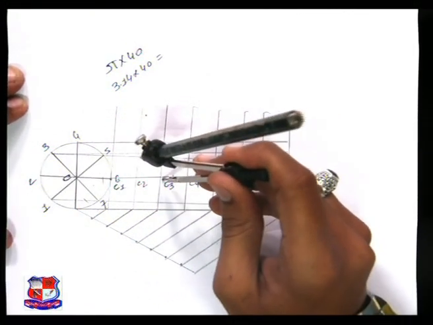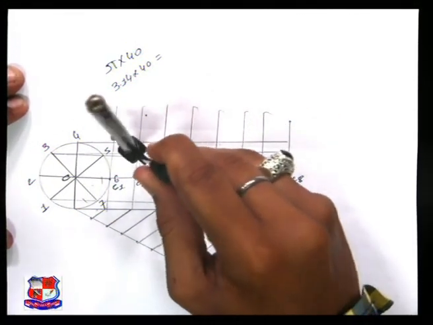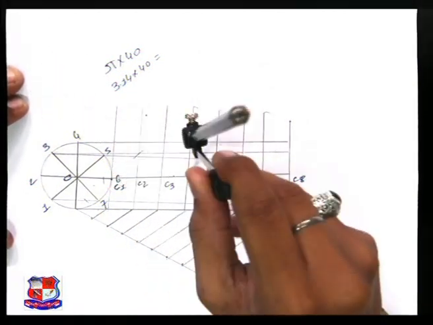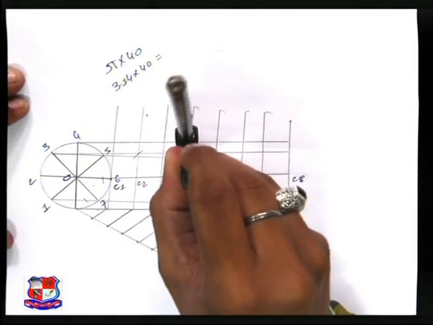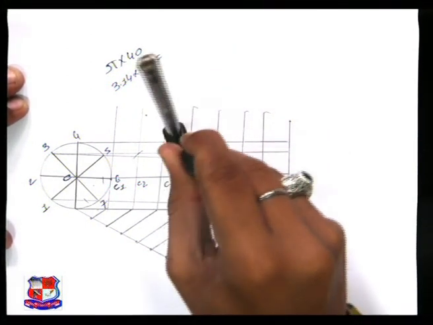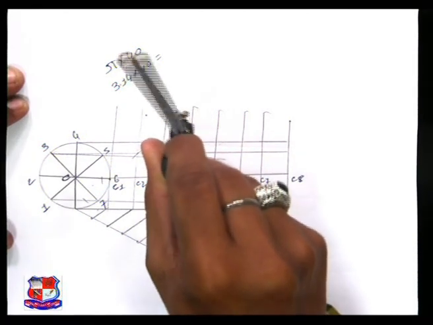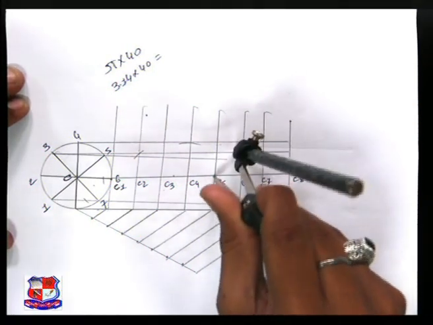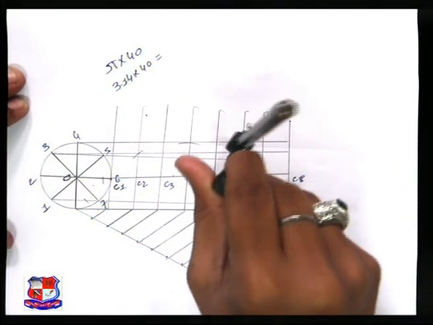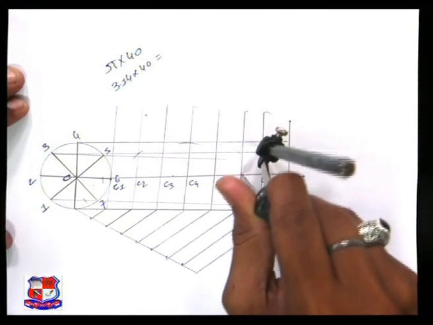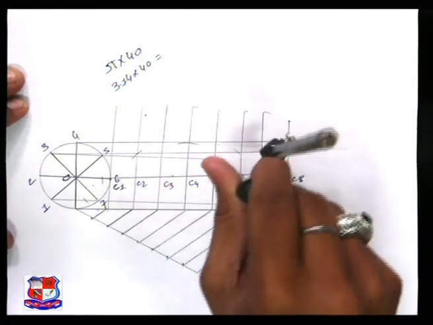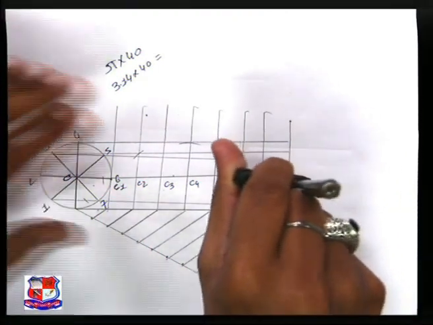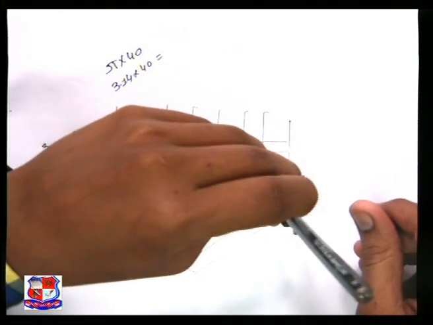C3 as center, radius the same, arc on the third line. C4 as center, the arc would be exactly tangent over here, like this. We'll descend now: C5 till the 5th line, C6 till its own line, C7, like this.